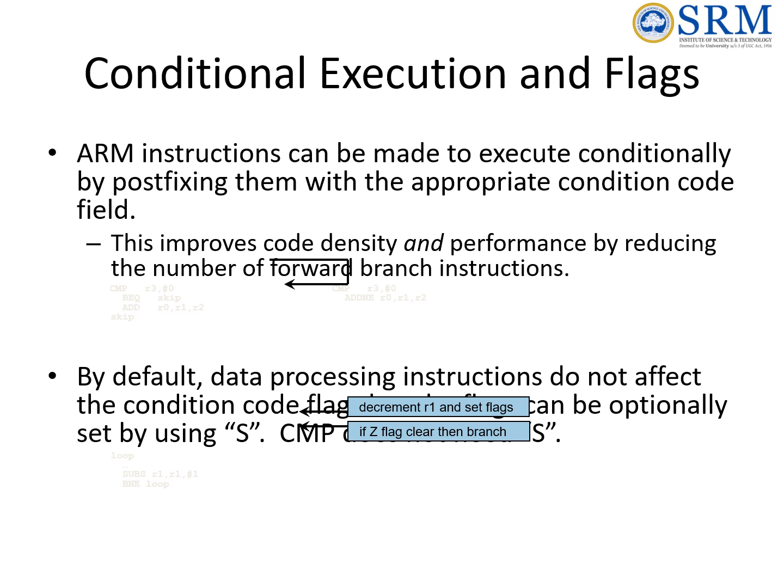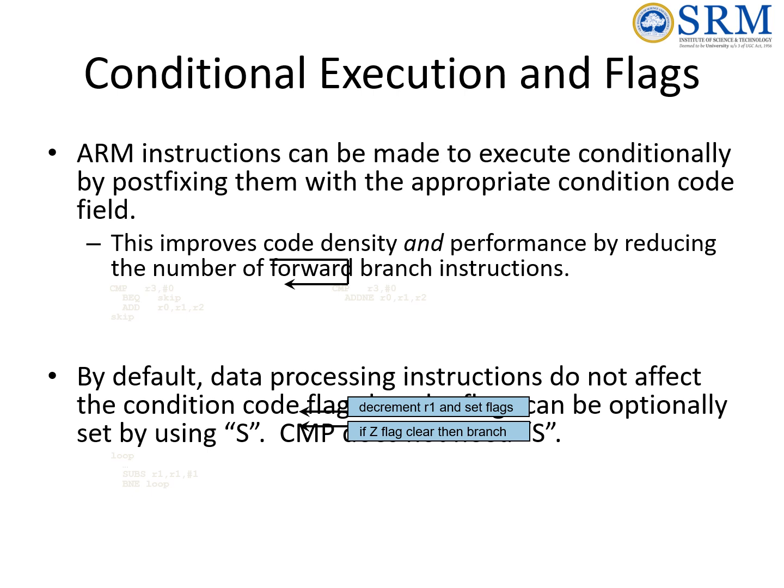So conditional execution and flags: ARM instructions can be executed conditionally by postfixing them with the appropriate condition code. This improves code density and performance by reducing the number of forward branch instructions.